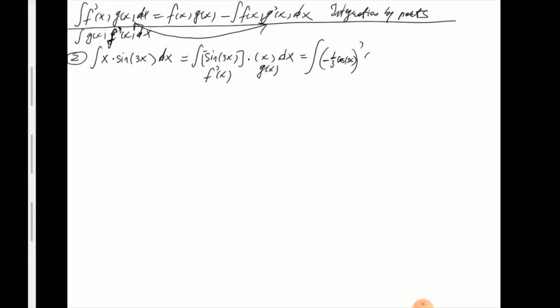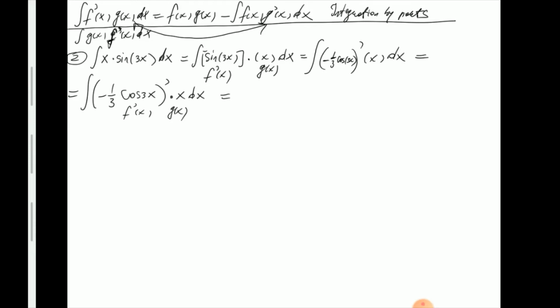And then times x dx. Let me write it one more time here, because it looks kind of squished. So minus 1/3 cosine of 3x times x dx. So now this is in the proper form to proceed with the integration by parts.